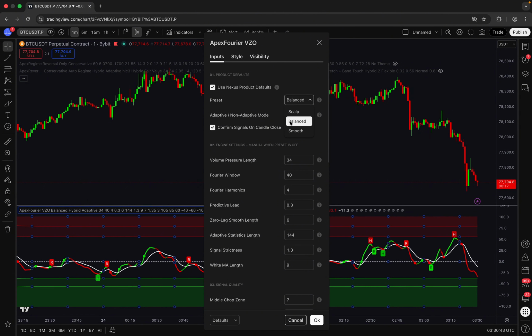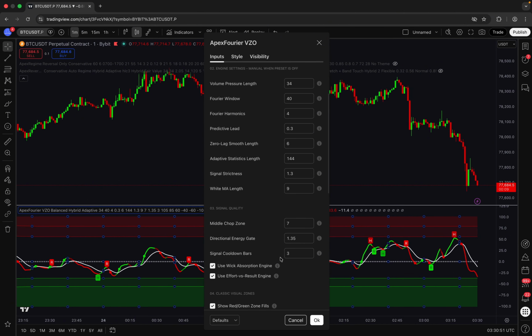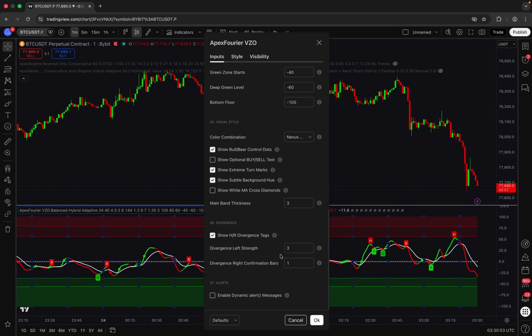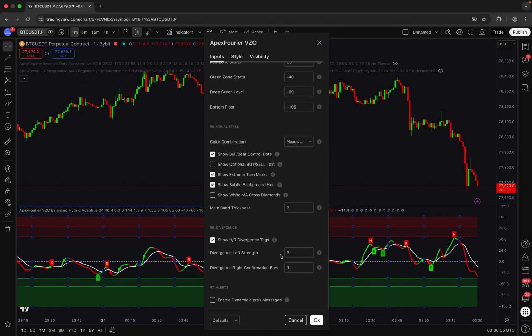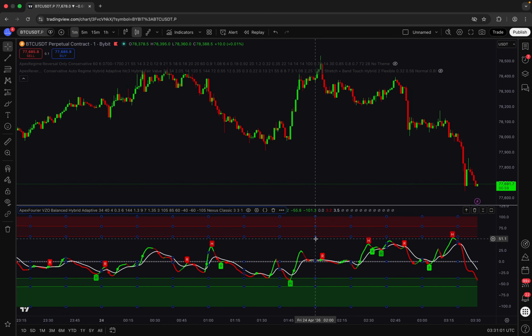So again, we have different presets over here, as you can see, and I'll just go briefly over them and tell you what the idea is. So the idea behind Apex Fourier VZO is not to trade solely based on it. To trade solely based on our indicator suite, you have to trade either on Apex Regime or on Apex Reversal.